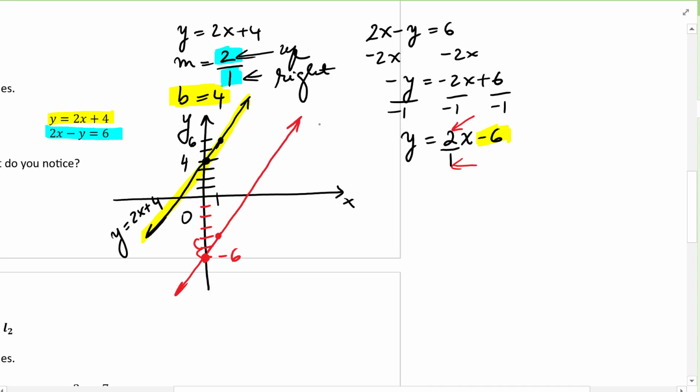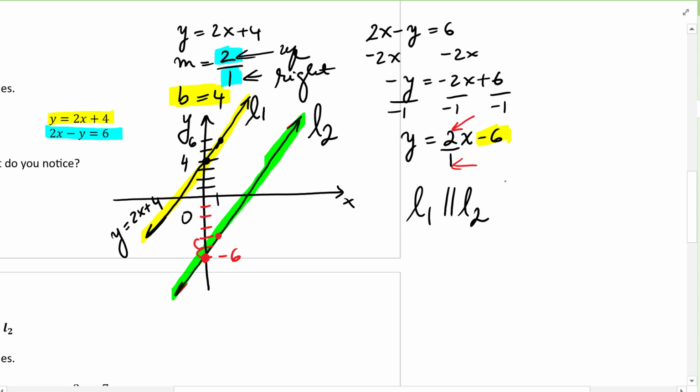What do we notice from the graphs of the yellow line and this one? Well, it's green now. I wanted to make it blue. But what do we notice between the yellow line and the green line? They are parallel, right? So line 1 is parallel to line 2. They do not intersect.